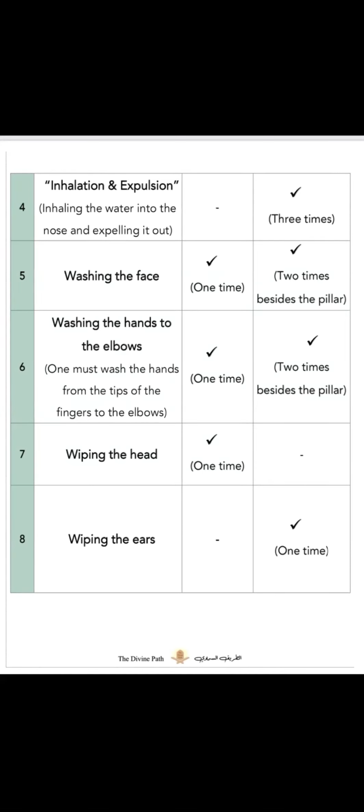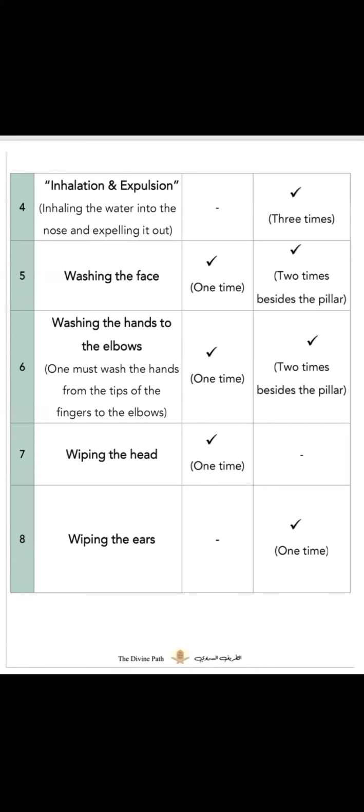So if someone starts by washing point number 6 from the tips of the fingers all the way up to the elbows, and then goes on to the step after washing the face, which is point number 5, their ablution would be invalid. Why? Because they did not maintain the order. And again, maintaining the order of the steps of ablution is a pillar in the ablution ritual.